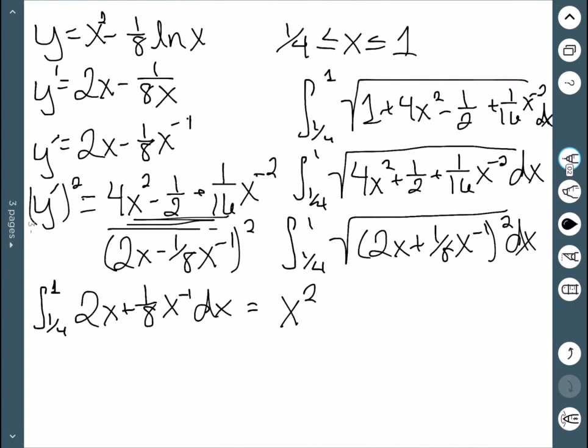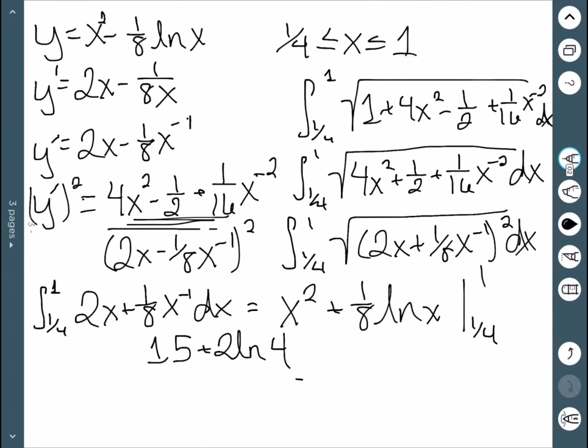But we actually know that the integral of 1/x is ln of x. So this is plus 1/8 ln x between 1/4 and 1. And then once we simplify this, we get 15 plus 2 ln 4 over 16, which in decimal approximation is approximately 1.11.